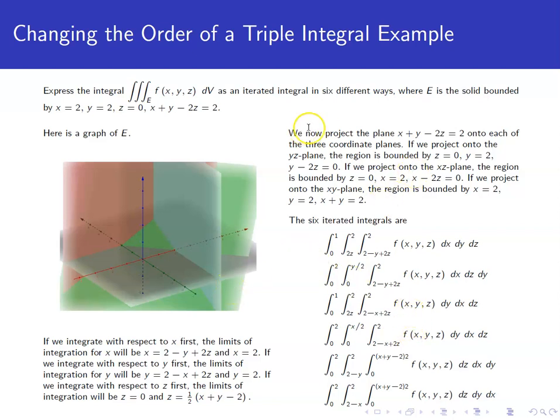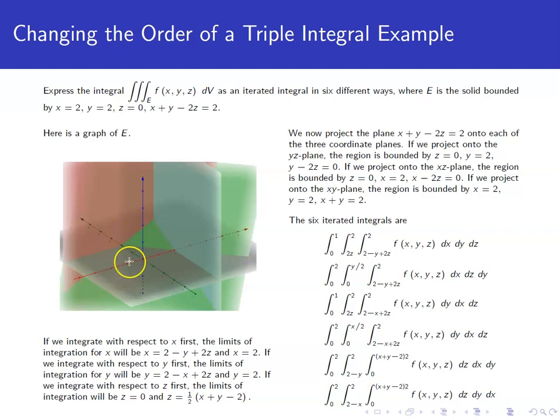All right, if we've integrated with respect to x first, then we need to project everything onto the yz plane. If we do that, we can see it's basically this triangle here, where you would have z equal to 0 for one bound, y equal to 2 for another bound, and then the equation of that line in the yz plane, which would be y minus 2z equals 0. Likewise, if we project onto the xz plane, that's essentially what it looks like on this pink plane here.